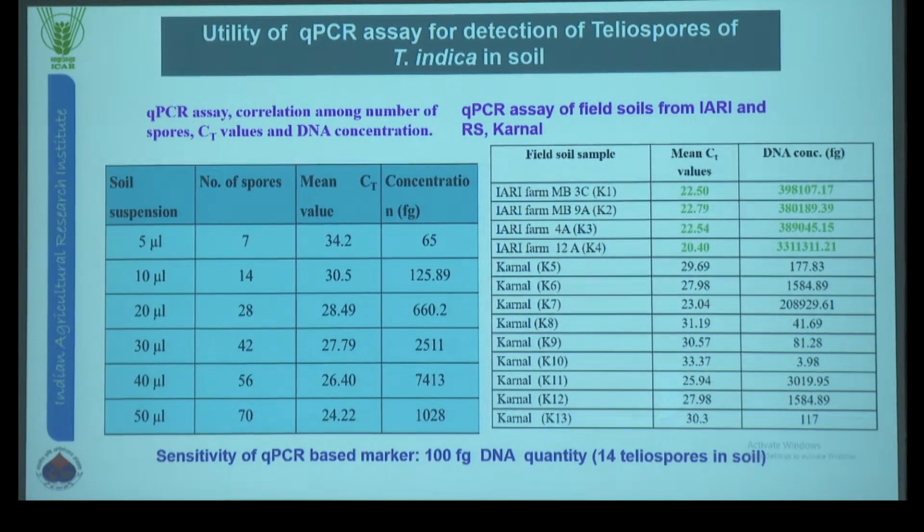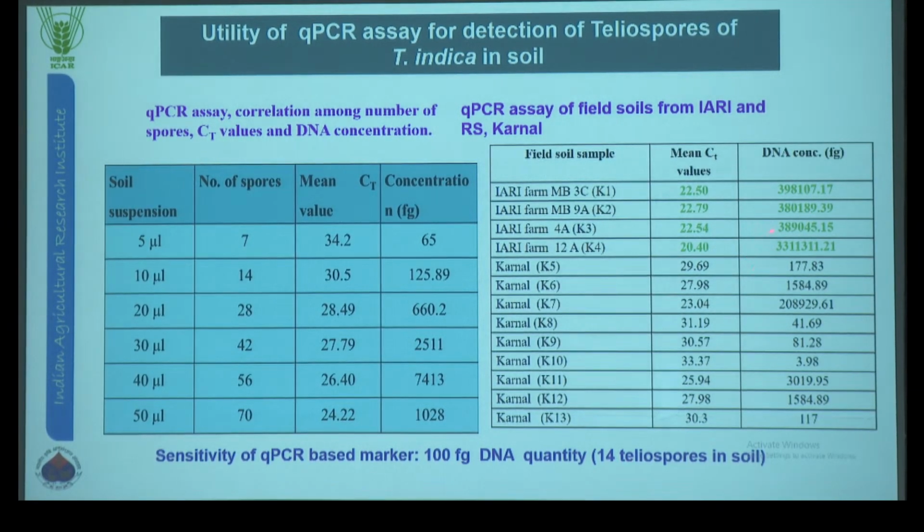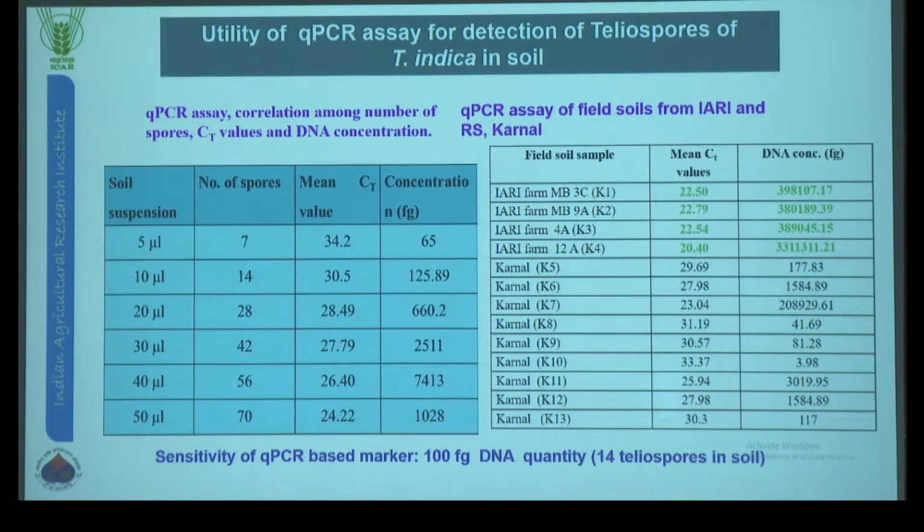That proved that the soils, mostly the IARI field or Karnal field, have this much teliospores, so you can compare. If 100 femtogram is 14 teliospores, then lakhs of teliospores are there. So, we proved that the soil is totally infested with teliospores.